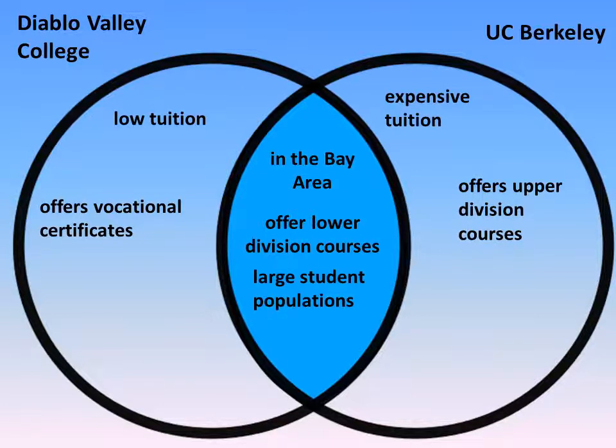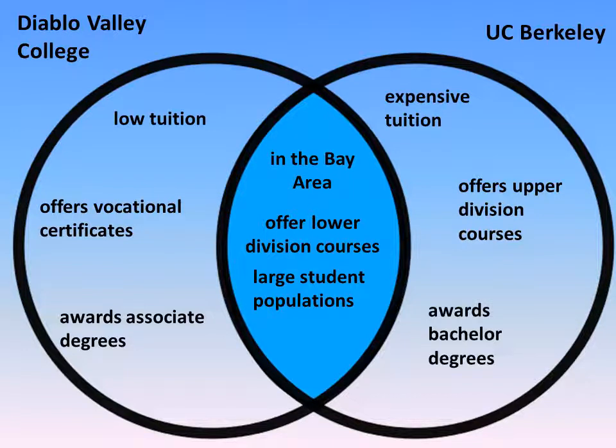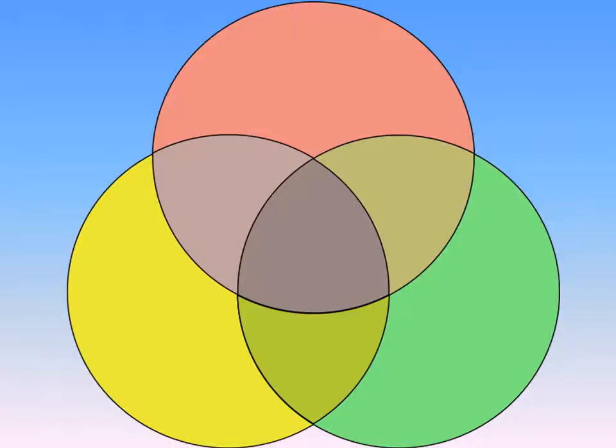They both have large student populations. DVC awards associate degrees. UC Berkeley awards bachelor degrees. And they both have sports teams. So we see in the outer parts of the circles what's different, and in the middle part what is the same between these two colleges.